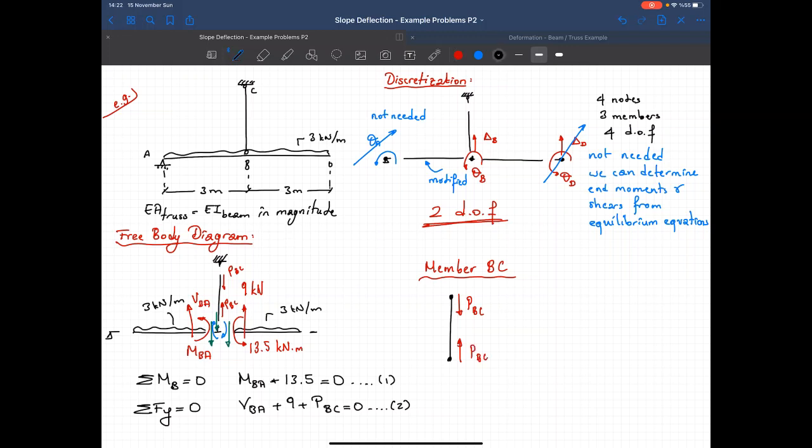And if you write down the equation for the axial deformation, we find out that PBC must be equal to EA over L, which is equal to 2, multiplied with the amount of shortening, that's delta B. And since EI and EA are equal in magnitude, I can rewrite this as EI over 2 delta B. That's the axial force.